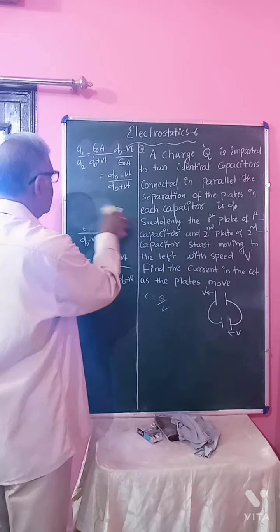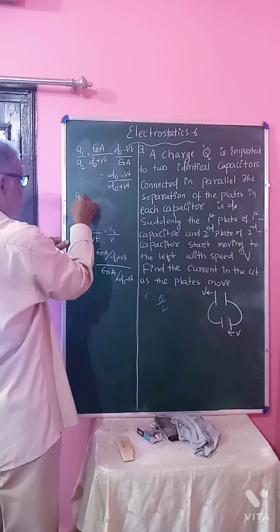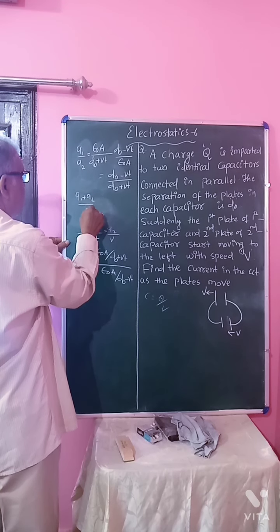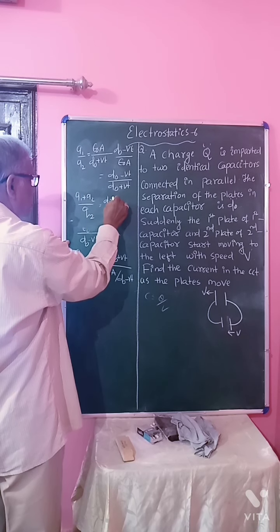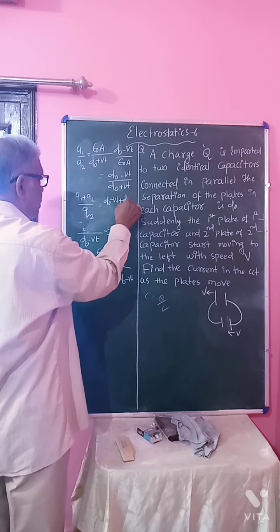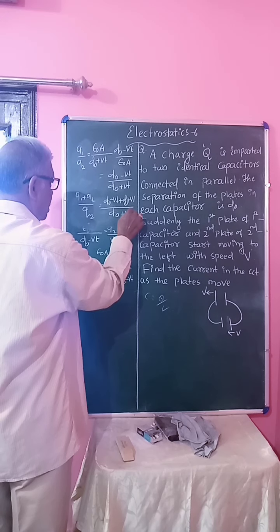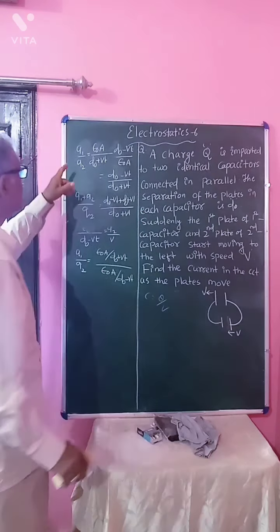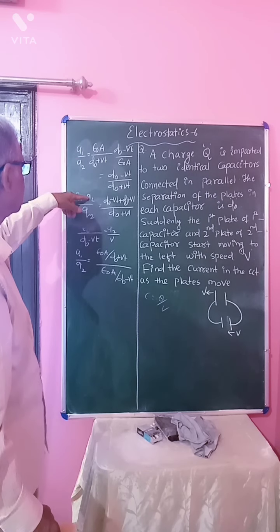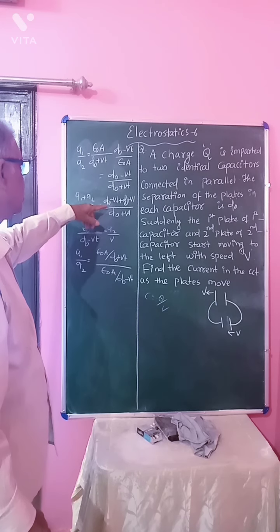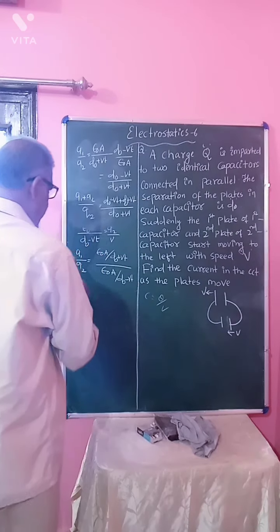Now adding 1 to both sides, Q1 plus Q2 by Q2 is equal to d0 minus vt plus d0 plus vt by d0 plus vt.